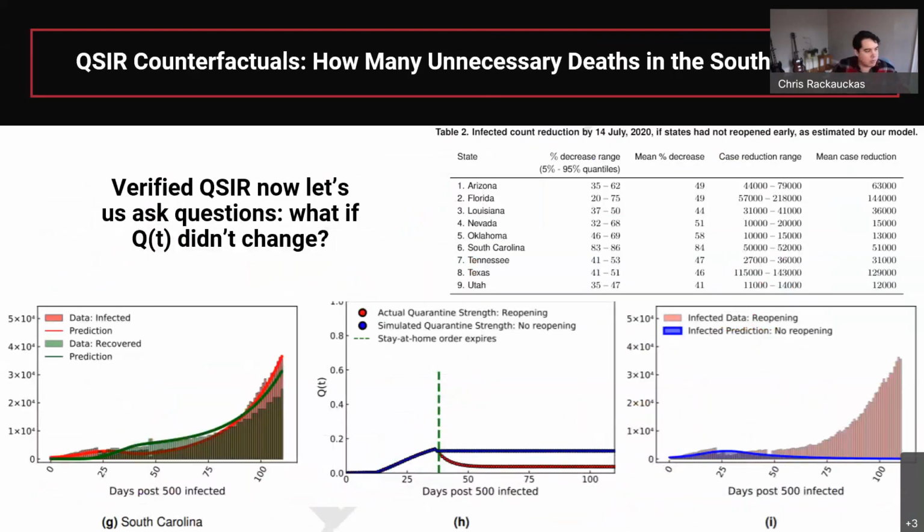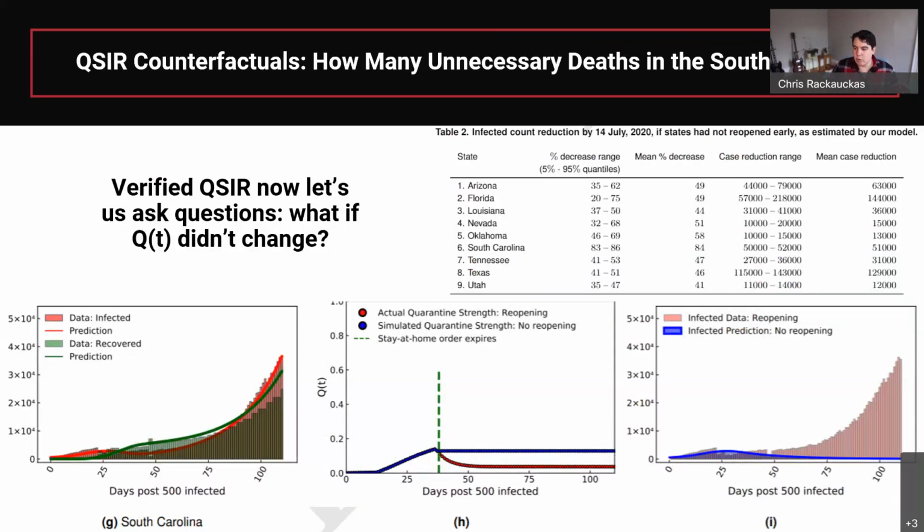But one of the things we then did was look at, for example, the southern United States. We have this model that can tell us when people started quarantine and when people reacted. So in this other paper we asked, can we make counterfactual predictions?